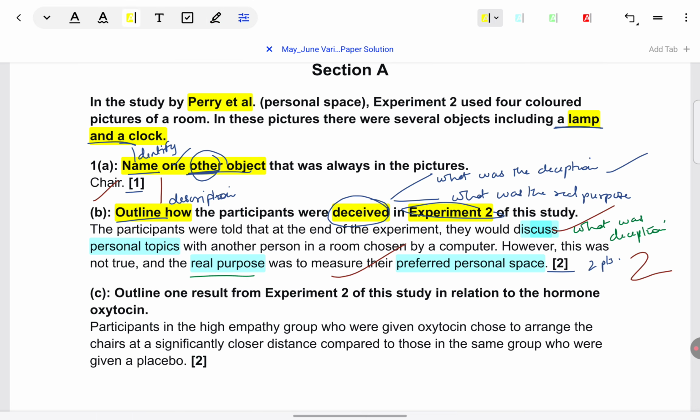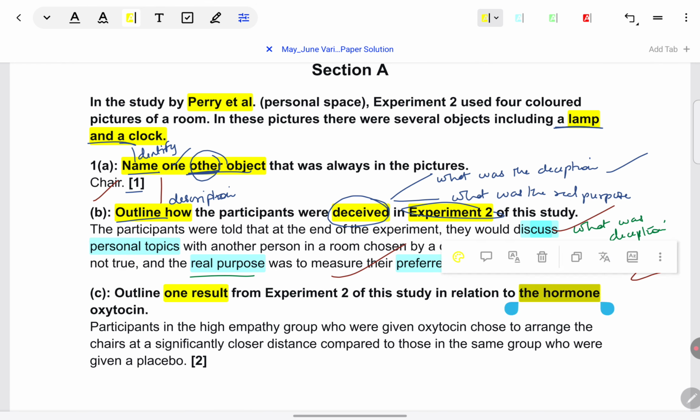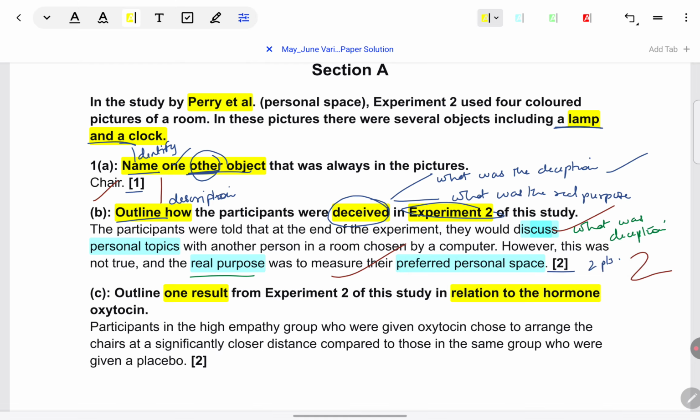Outline one result from experiment 2 of this study in relation to the hormone oxytocin. This is again an outline question, so give 2 points to justify 2 marks. So that remains from the previous answer. What you have to note carefully in this particular question is that the result has been asked very specifically in relation to oxytocin. No doubt there is an interaction of oxytocin and empathy in this study, so you will end up saying something about empathy.